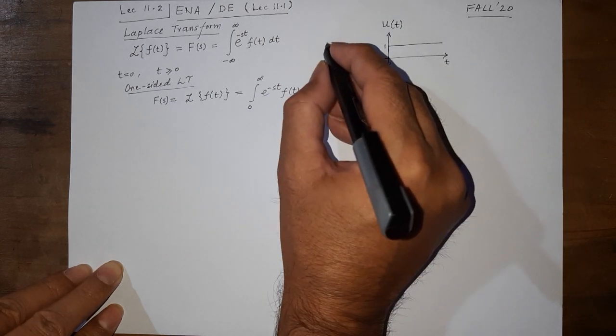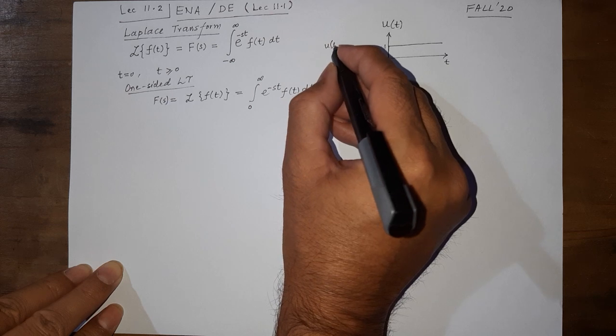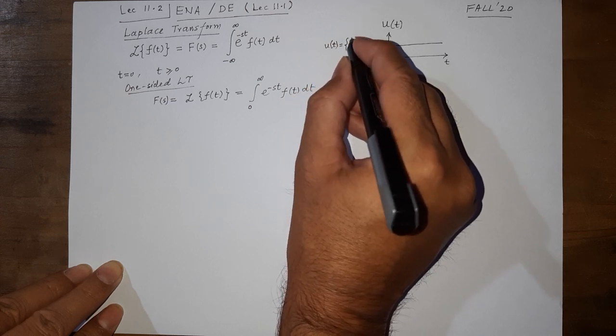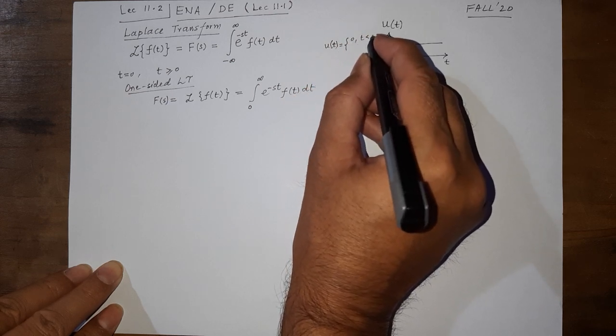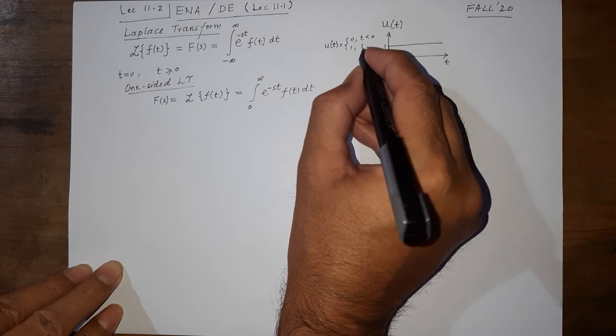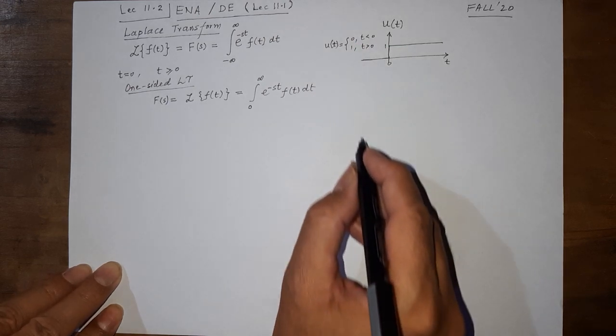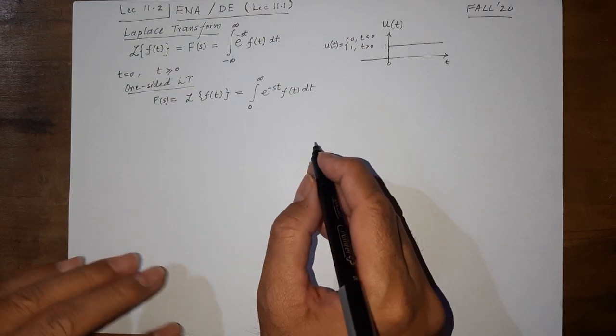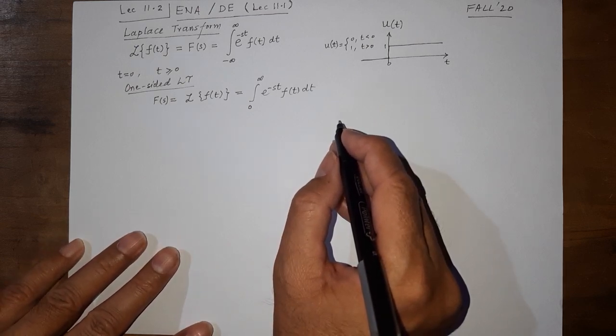That is why it is known as a unit step function. And it is not defined at t is equal to 0 because there is a jump there.